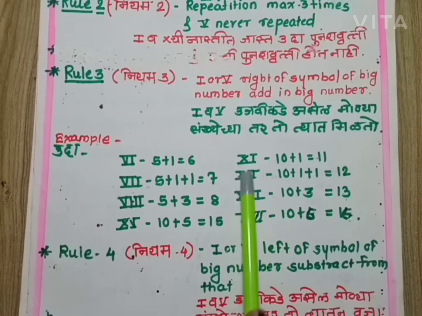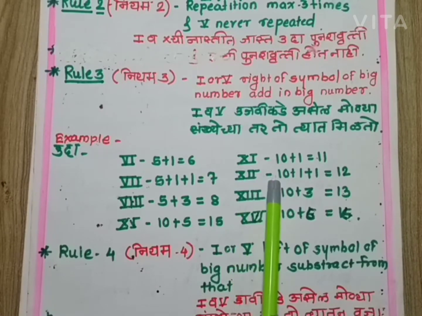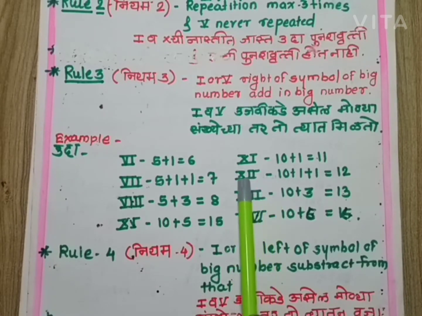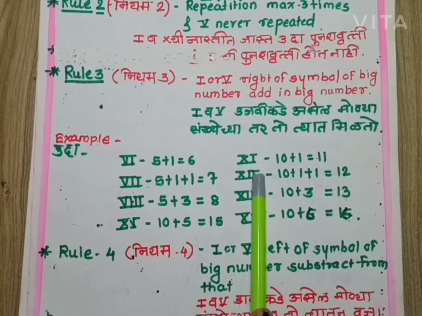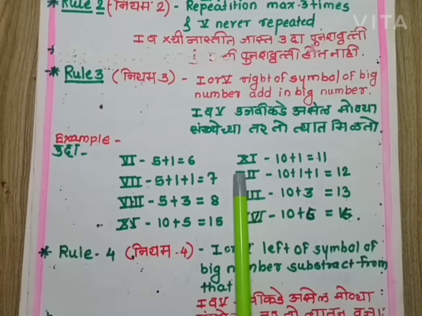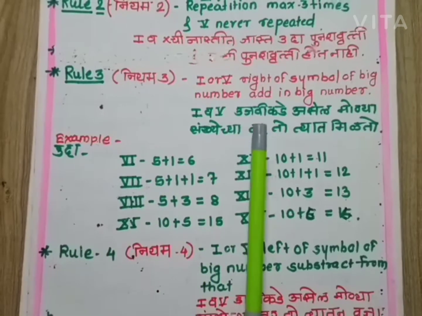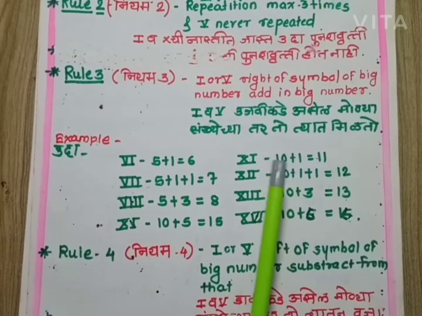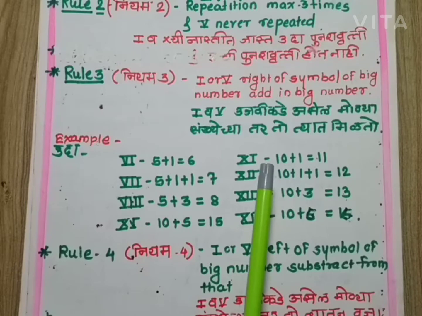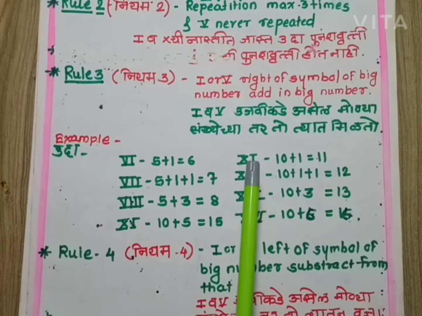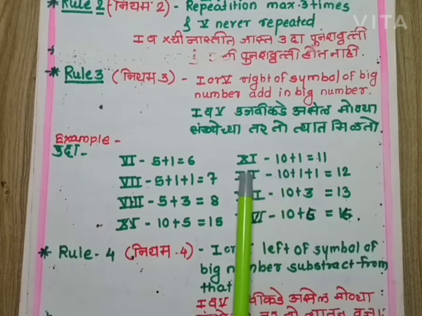Here is X and here is double I. We know that X gives value 10 and this double I gives value 2. Therefore, the bigger value is X, and we know by the rule that if I or V is on the right side of the symbol of the bigger number, then it is added to that big number.